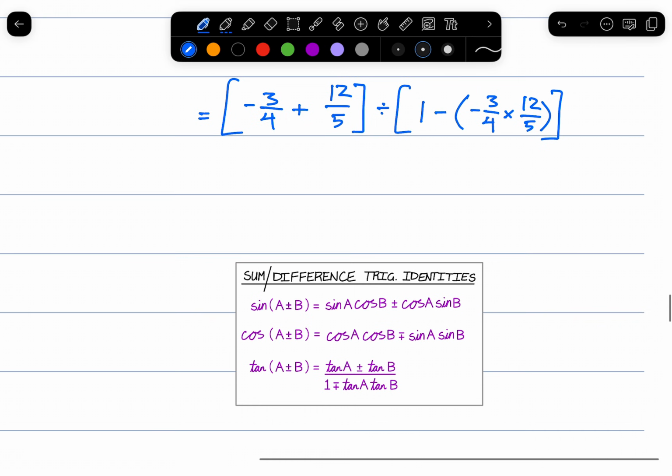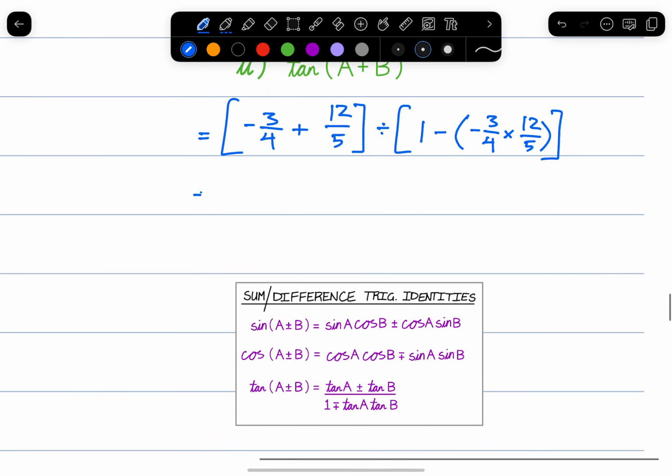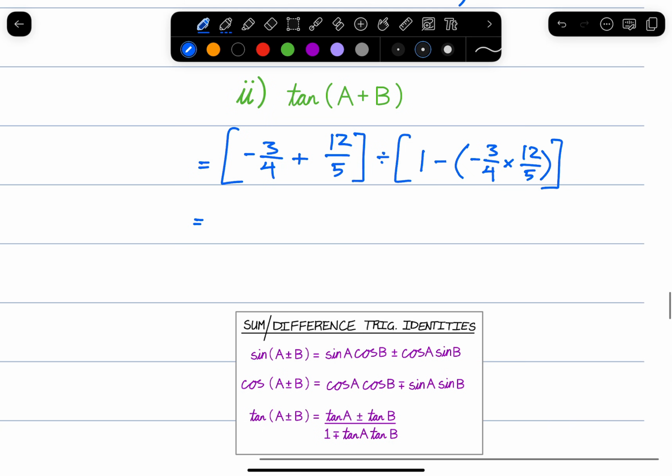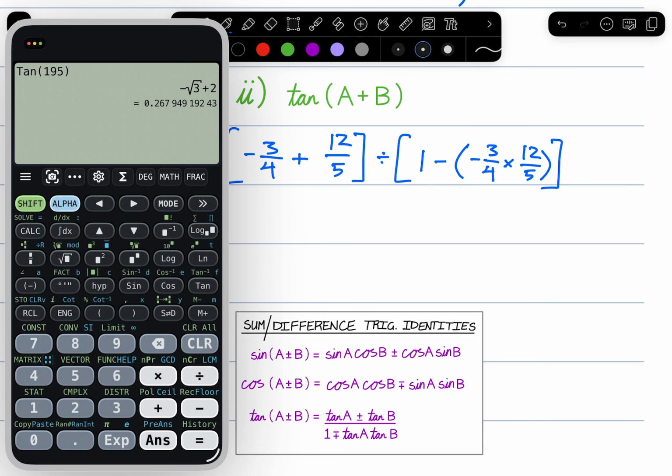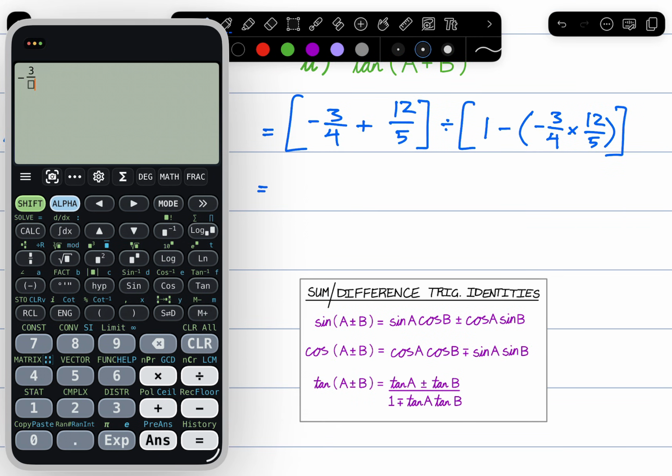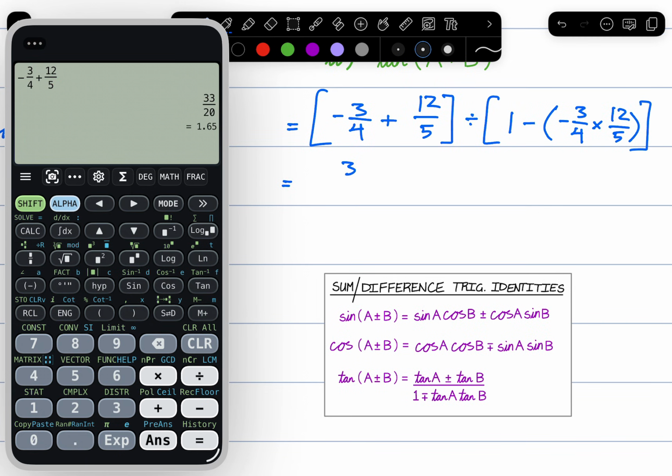Now from here, we really could just chuck all of this into our calculator, which is exactly what I'm going to do. This numerator, this time I'll show you what I'm typing in. Negative 3 on 4 plus 12 on 5. Our numerator is 33 on 20, divided by, chucking everything in our denominator, 1 minus negative 3/4 times 12 on 5.